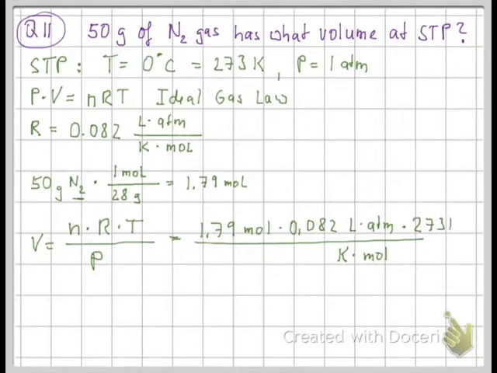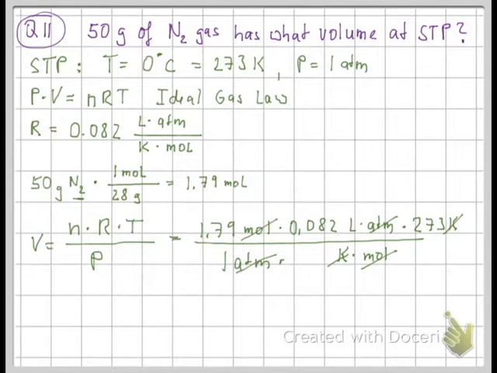What else do we need here? P. P was 1 atmosphere, so actually we don't have to do much with that. We just needed to cancel out units. So we want to end up with a volume, so moles cancel, kelvins cancel, atmospheres cancel. We end up with a final value in liters once we calculate this out.